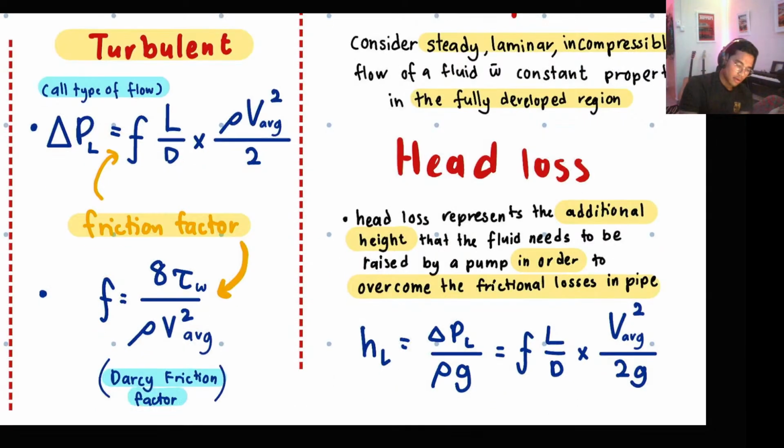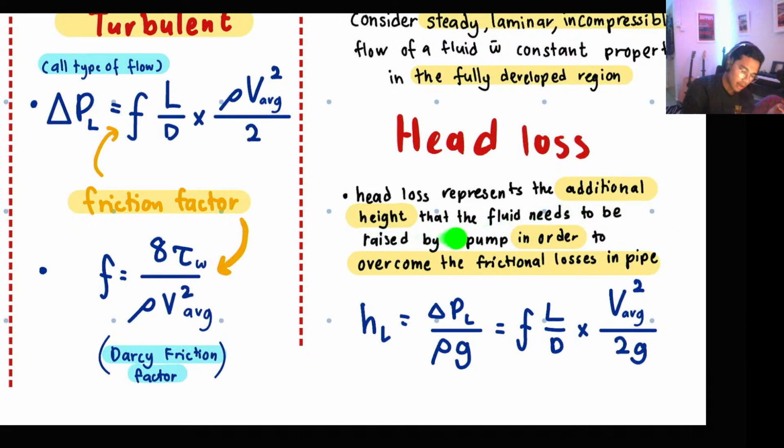Head loss represents the additional height that the fluid needs to be raised by a pump in order to overcome the frictional losses in the pipe. Head loss is also equivalent to the pressure drop, but it has a different dimension, which is meter. People use head loss because it has a much simpler dimension. For example, how much head loss does one system have? They say 40 meters. So it's easy to think, oh, 40 meters head loss, so all you need to do is insert a pump that has a higher head pressure.